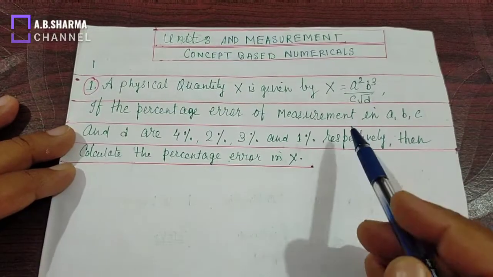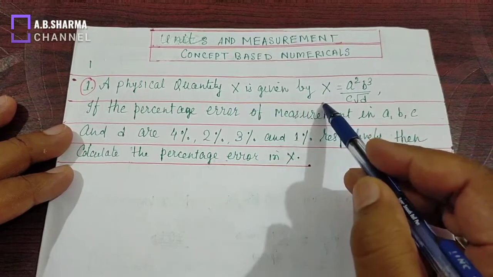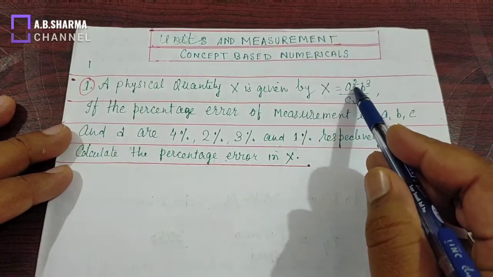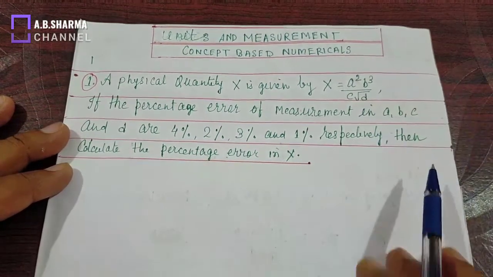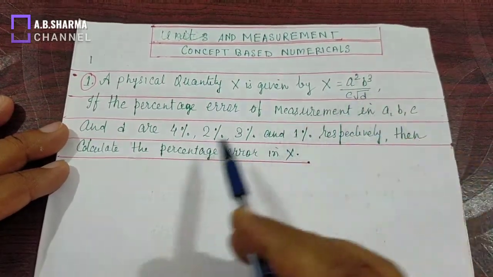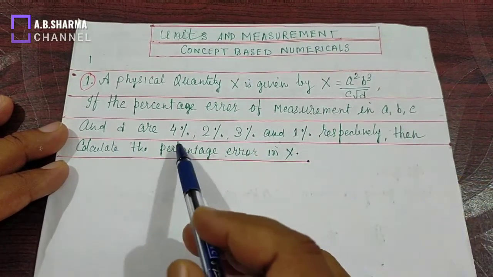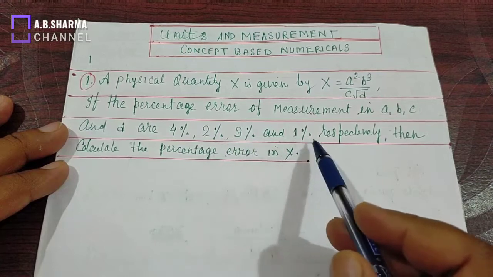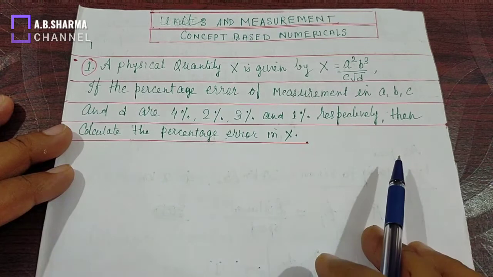The next question is that a physical quantity x is given by x equals a squared b cubed divided by c under root d. If the percentage errors of measurement in A, B, C and D are 4%, 2%, 3% and 1% respectively, then calculate the percentage error in x.